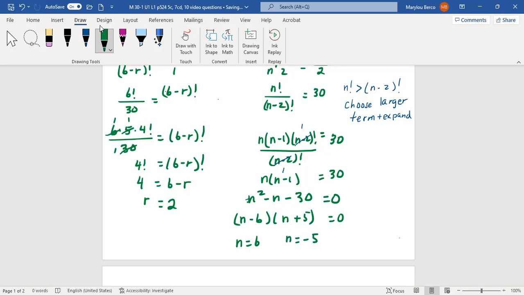Now, this one we disregard. n cannot be negative.